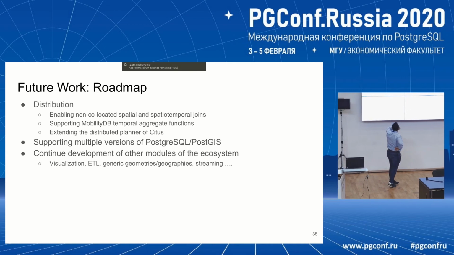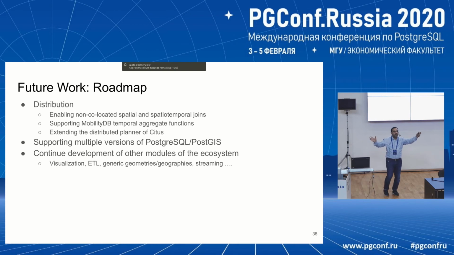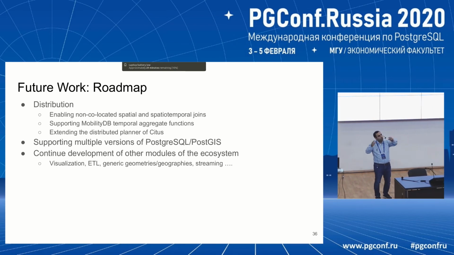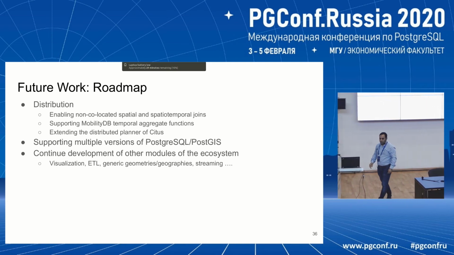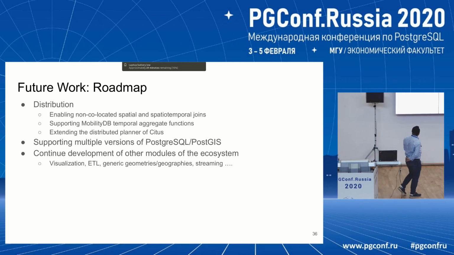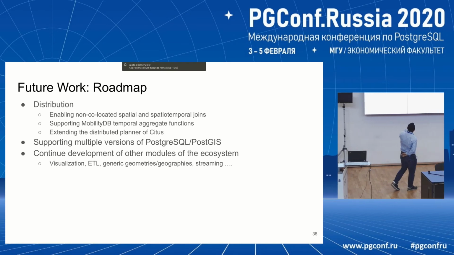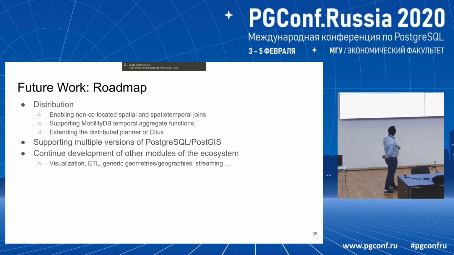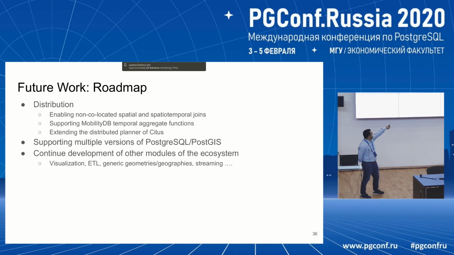This is our very next step. You can visualize static trajectories in QGIS, line strings, but we also want to start putting some movement in QGIS, do more ETL, extract, transform, load, support more temporal types, and streaming.